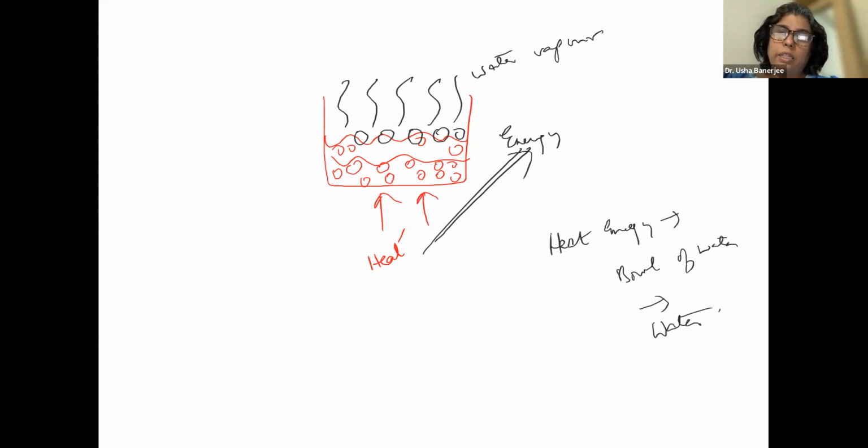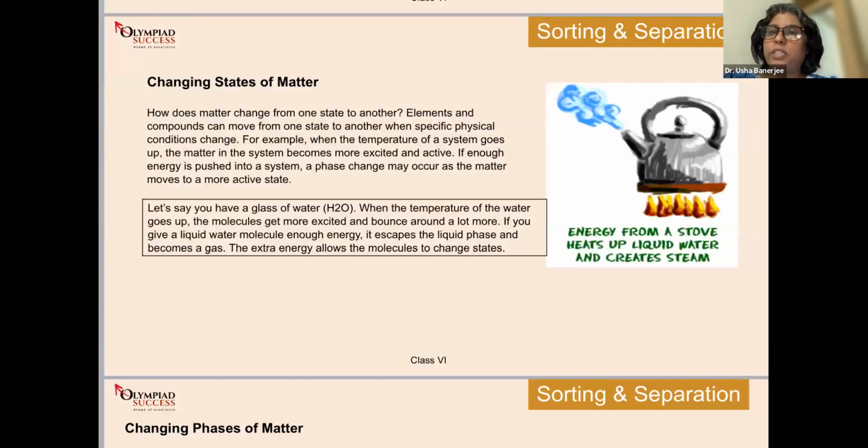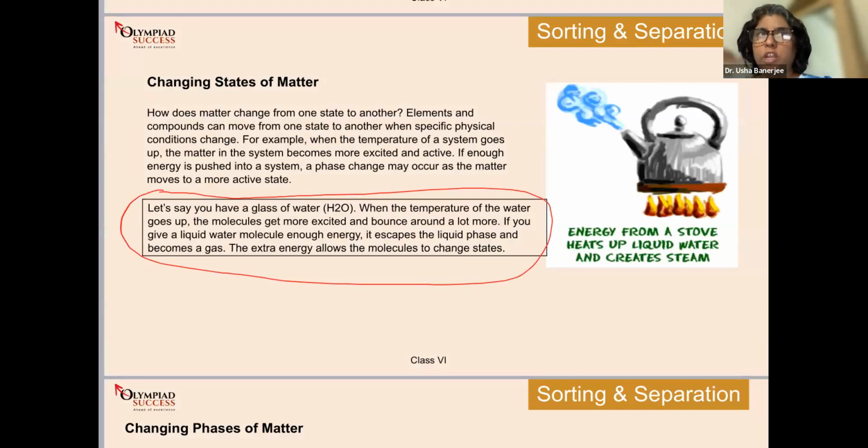When the water is heated, the molecules of water become excited, and at a particular point, that point also has a name. What is the particular point at which liquid water changes to water vapor? The boiling point of water. And for water, it is 100 degrees centigrade.